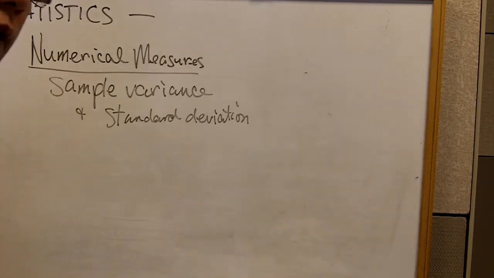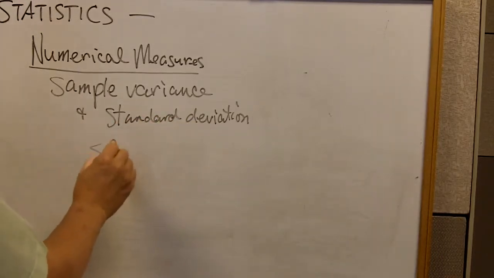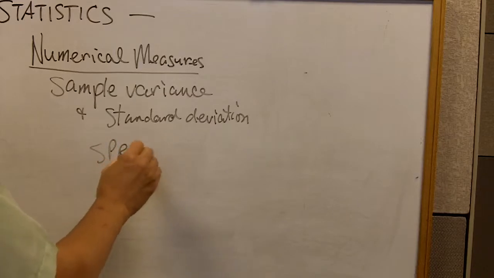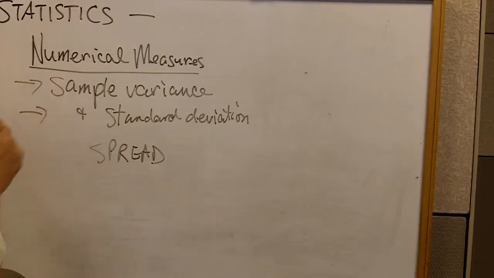So we're still talking about how to describe data effectively as we summarize them, and one thing that we want to learn about a data distribution is how much is the spread. So both of these are spread measures: sample variance and standard deviation.